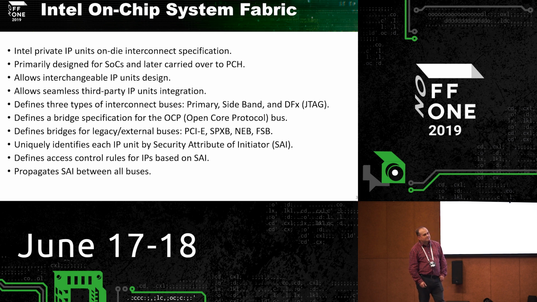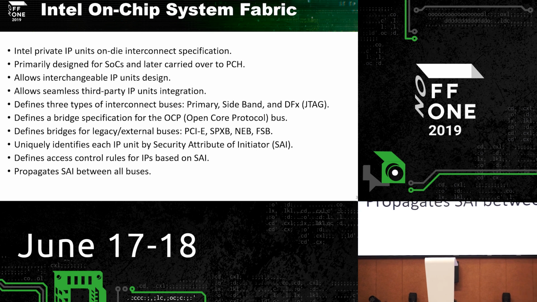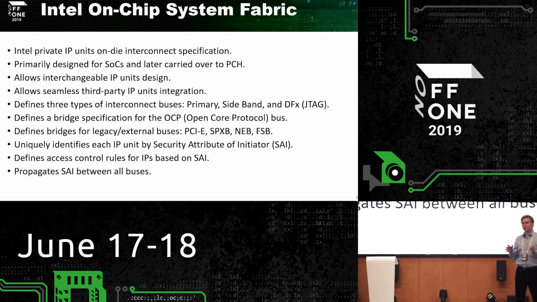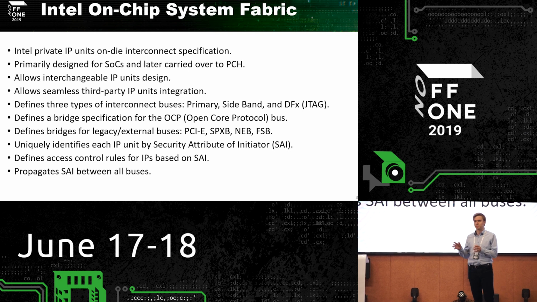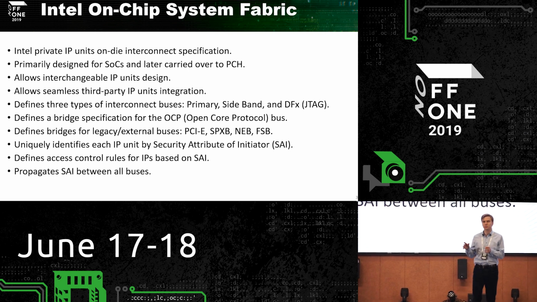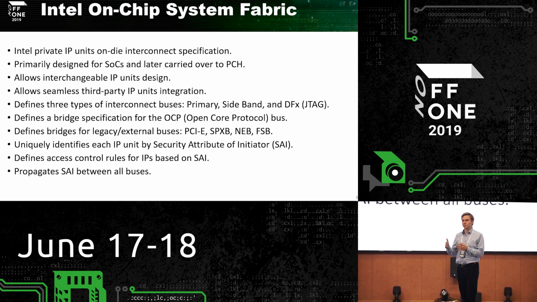Basically, it's just a number. There's no encryption there. It's just a regular bus with an address bus and a data bus, and it has special signals that describe SAI, so that information flows are separated, as we believe.